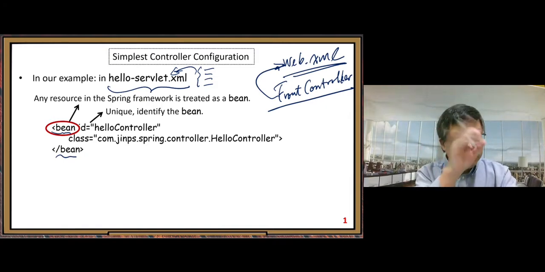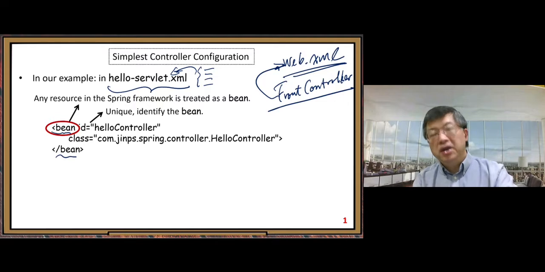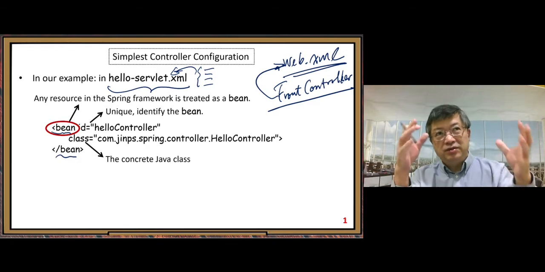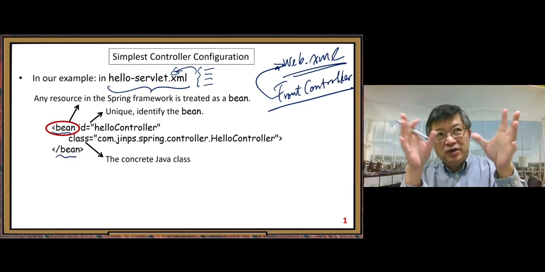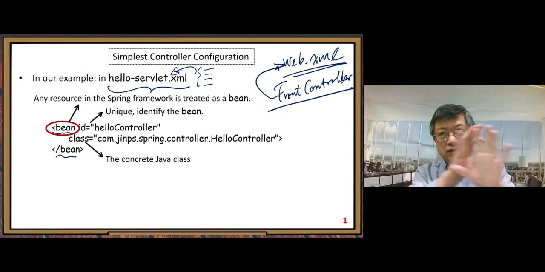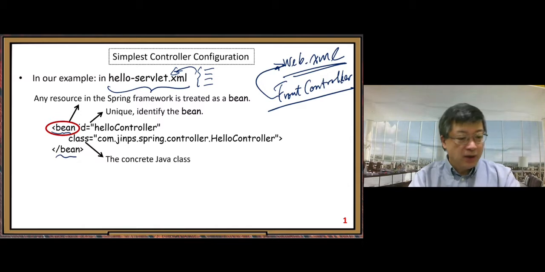So you need that unique name. Then the concrete Java class, that's the location, including the package part, our specific Java class name.